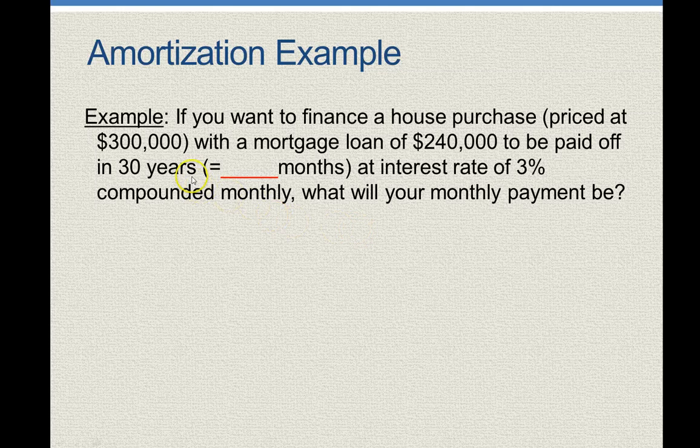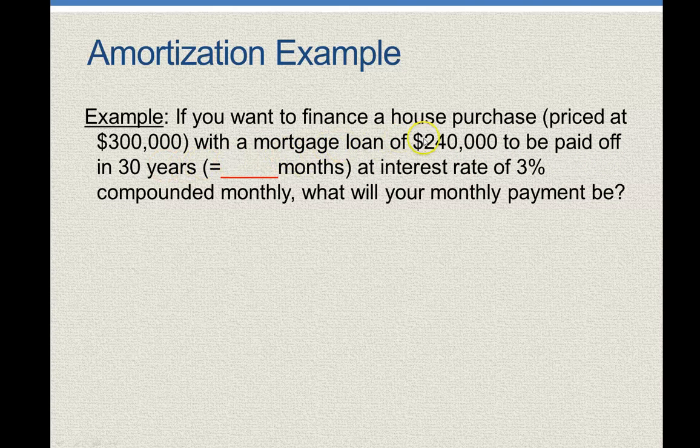So let's look at this example. If you want to finance a house purchase, again, this is the house purchase example, and the house is priced at $300,000 with a mortgage loan of $240,000 to be paid off in 30 years.